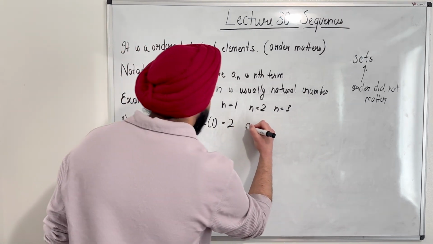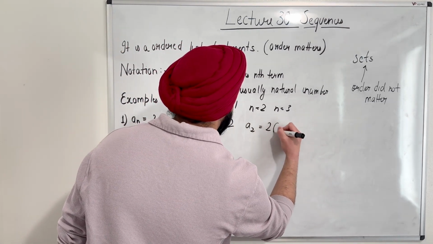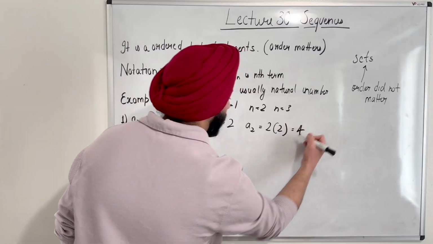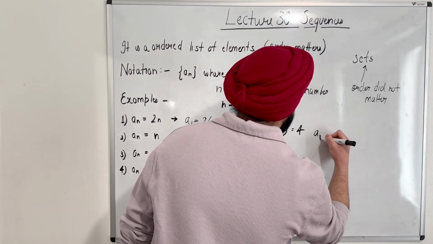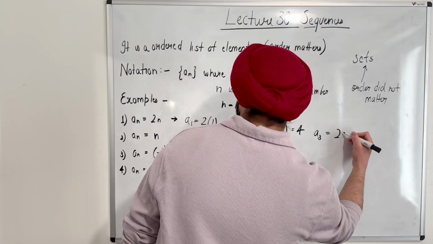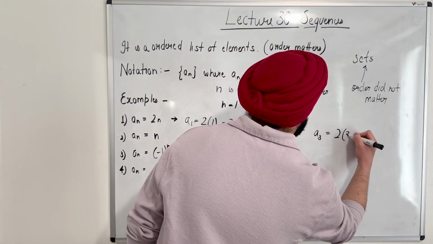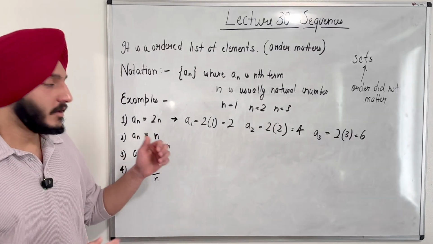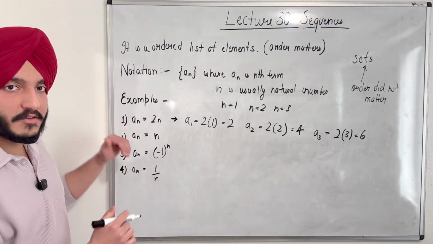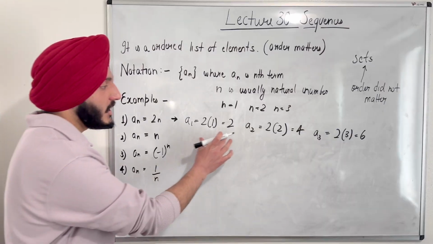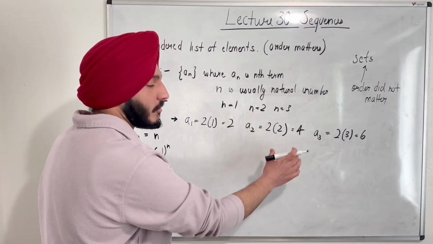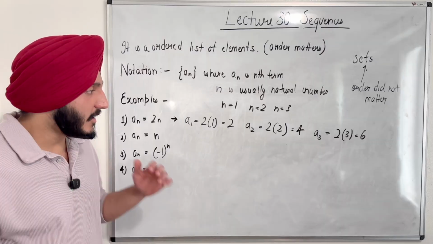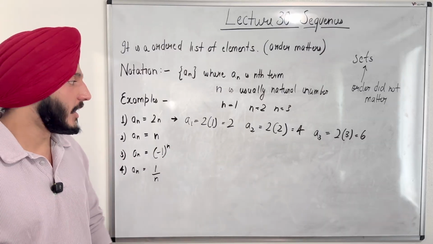The second term, a2, should be 2 multiplied by the number 2, which is going to be 4. And a3 would be 2 multiplied by 3, which is going to be 6. So this sequence where an is equal to 2n is basically all the even numbers: 2, 4, 6, 8, 10, 12, right? That's what the sequence is displaying.